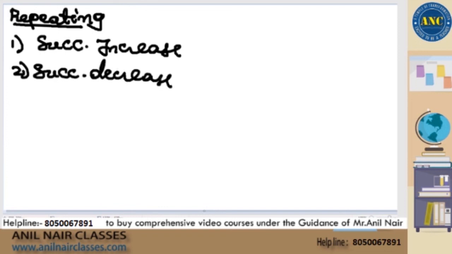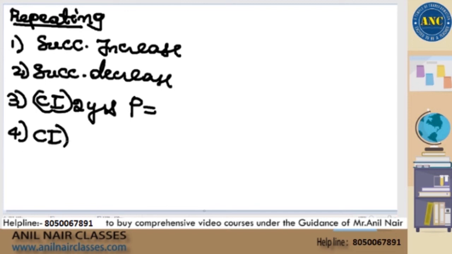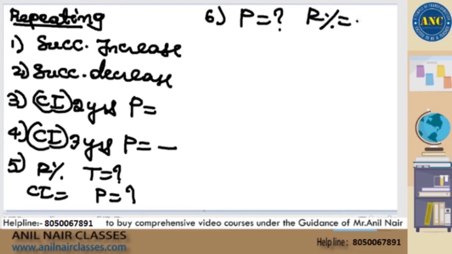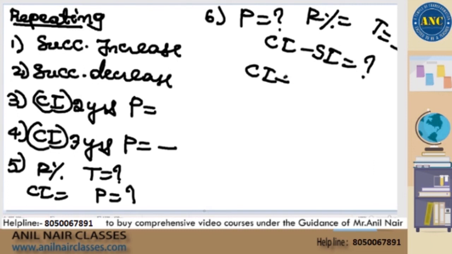Next we discussed what is compound interest for 2 years, how to solve P. Then compound interest for 3 years, how to solve P. Then if R is given, time period is given, and CI is given, how to calculate P. Then if P has to be found, R is given, time period is given, and CI minus SI is given. We also discussed CI plus SI.